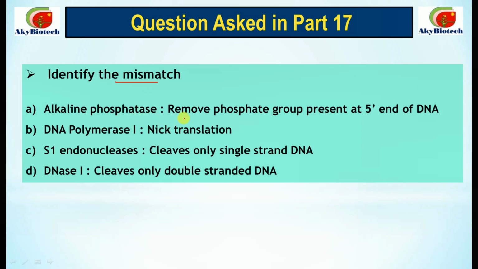Alkaline phosphatase removes the phosphate group present at the 5' end of DNA. DNA polymerase 1 is for nick translation. S1 endonuclease cleaves only single strand DNA, and DNase 1 cleaves only double stranded DNA. So the correct option, the one which does not match, is DNase 1, it cleaves only double stranded DNA.